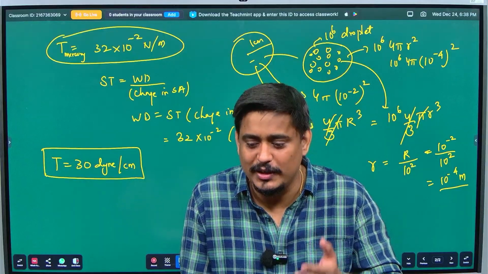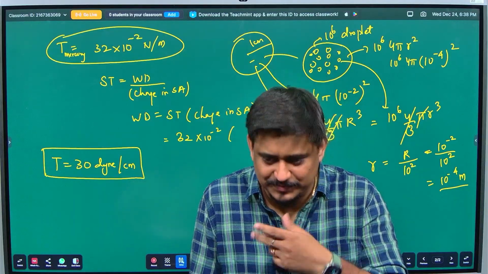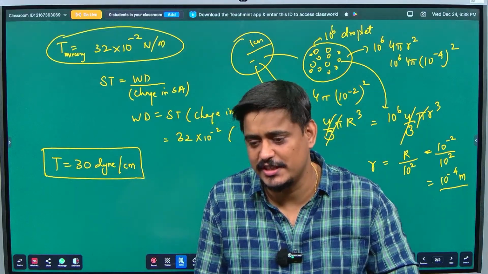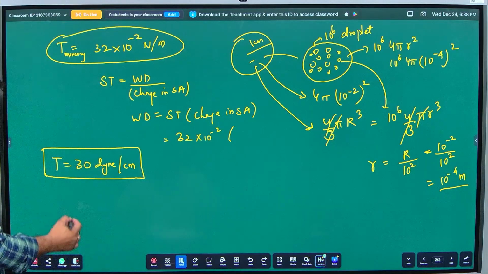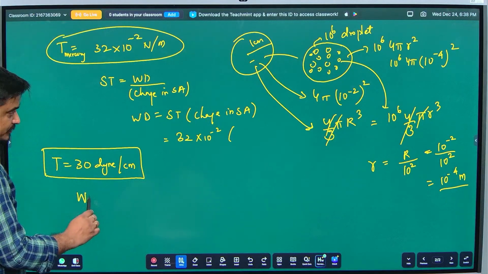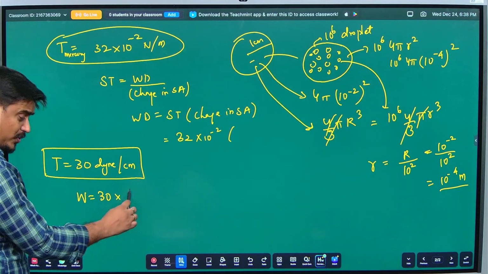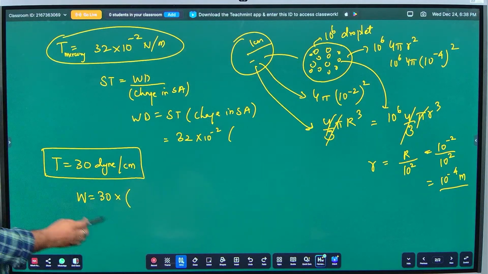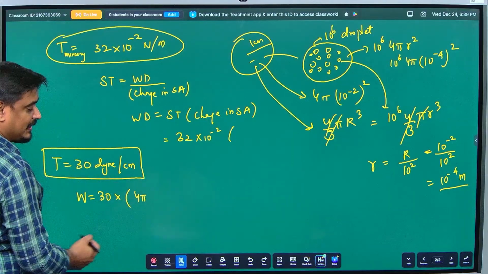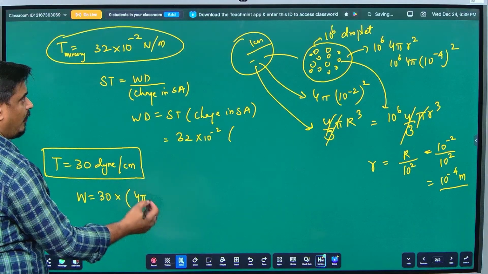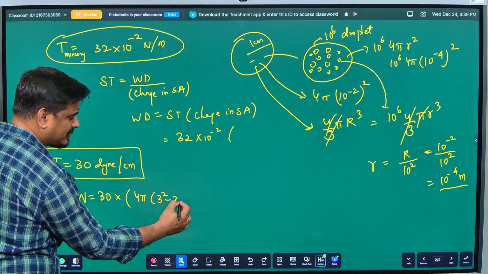So 4 into pi into 3 square minus 4 pi into 2 square will give you the change in area. So work done will be equal to surface tension, 30 per centimeter, into change in area. Taking 4 pi common, it becomes 3 square minus 2 square.